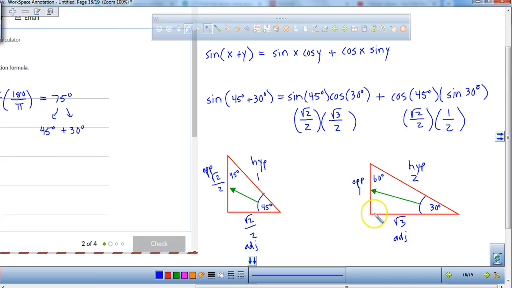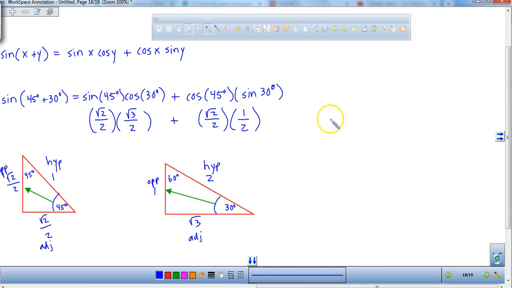When it said the sine of 45 degrees, I said radical 2 over 2 over 1, which is radical 2 over 2. Cosine of 30 is radical 3 over 2. And then we just put the plus sign right here. Cosine is radical 2 over 2, and the sine is the opposite over the hypotenuse, so it's 1/2.